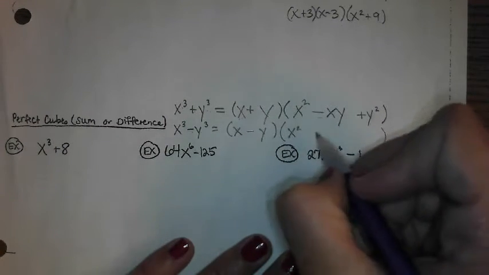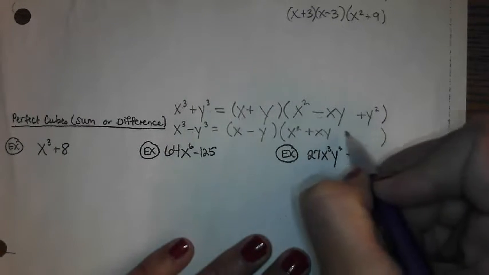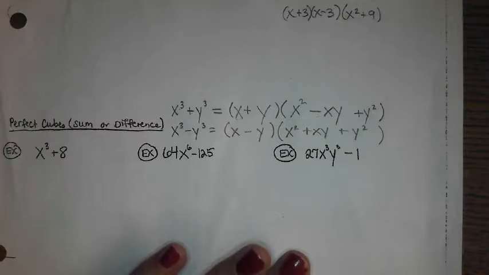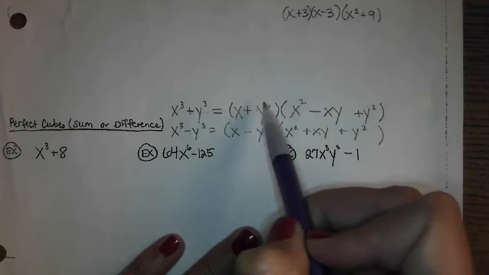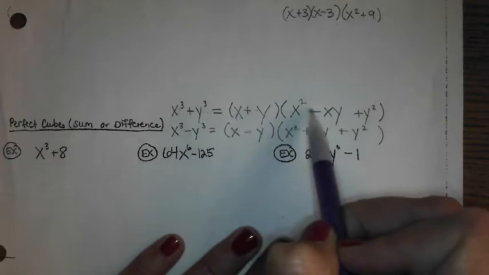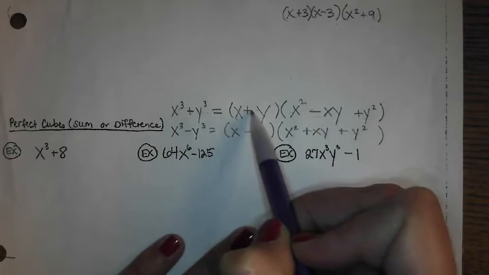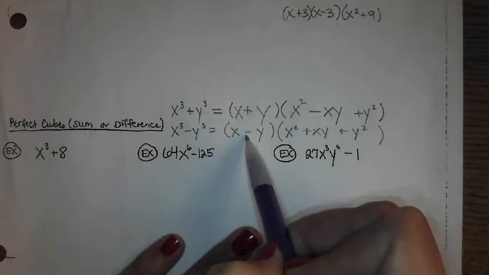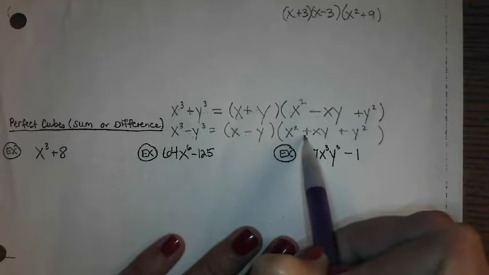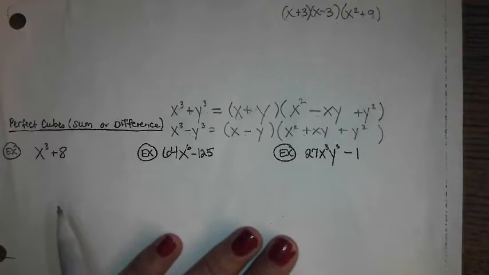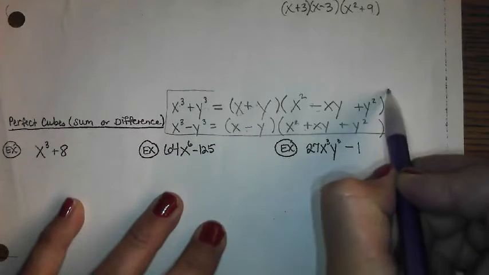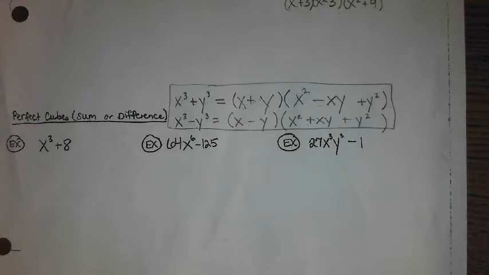Instead of minus xy, it's going to be plus xy, and still a plus y squared. Okay? So these two signs always have to be the reverse of each other. So if it starts out as the sum, it's the sum and then the difference. If it starts out as the difference with the minus sign right here, then it becomes a plus over here. Okay? So you have to memorize those rules.